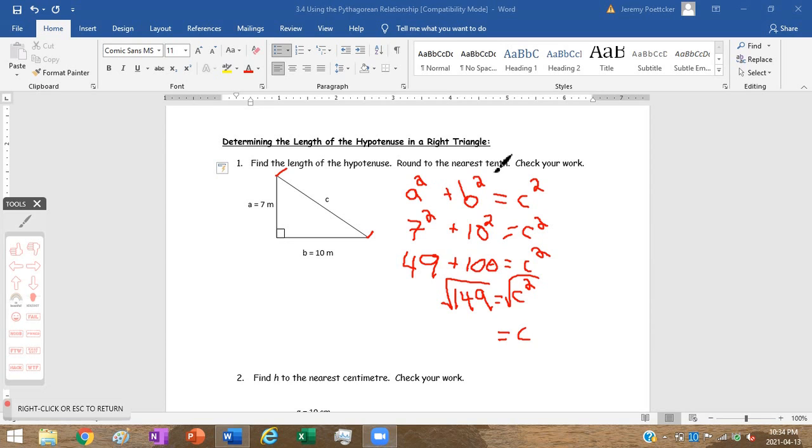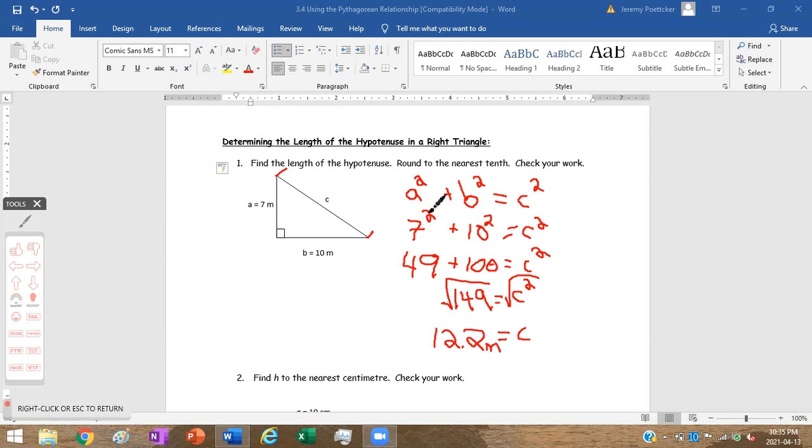So we're going to take the square root of 149. My calculator spits out 12.2065556157333, and so on. But to the nearest tenth, that rounds to 12.2. And I should put my units in here, 12.2 meters.